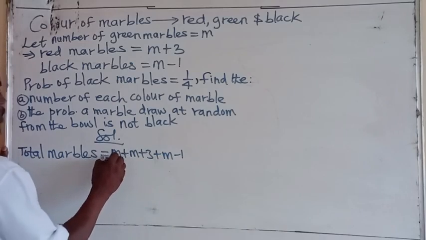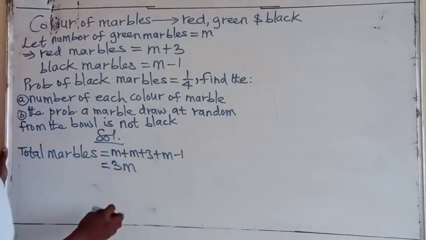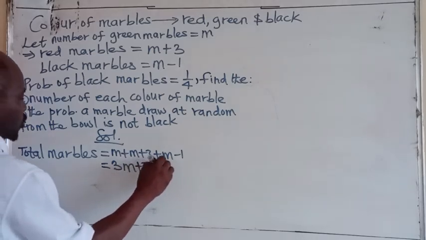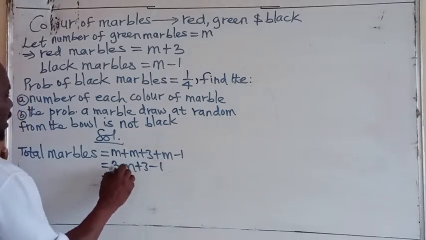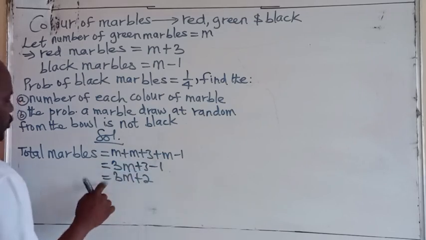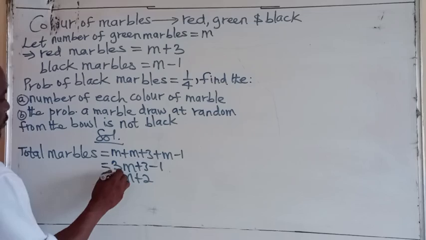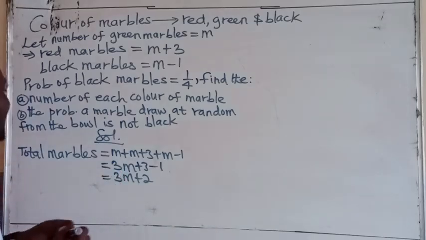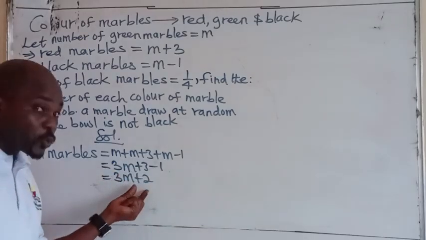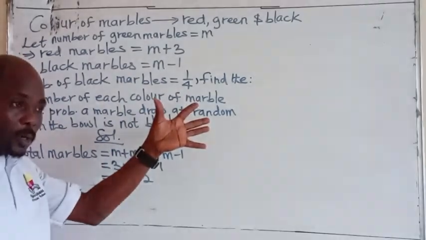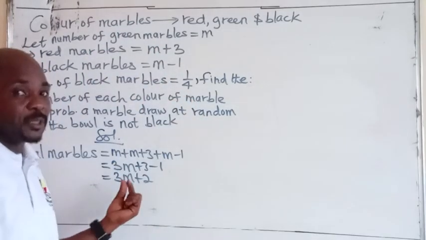This gives us 3n plus 3 minus 1, which gives us 3n plus 2. So this is the total number of marbles in the bowl.